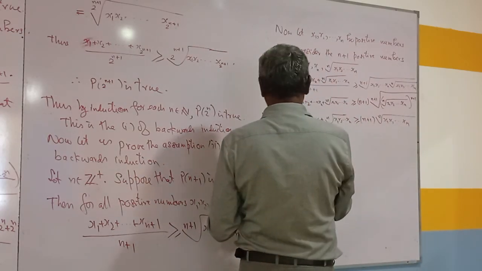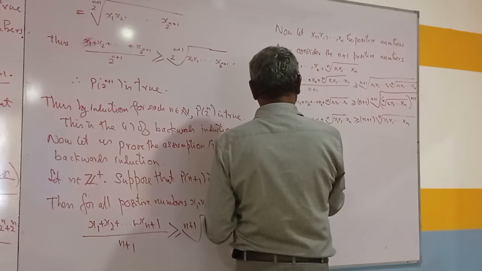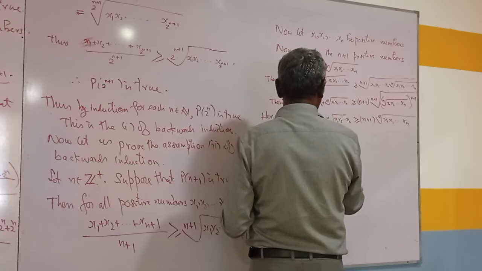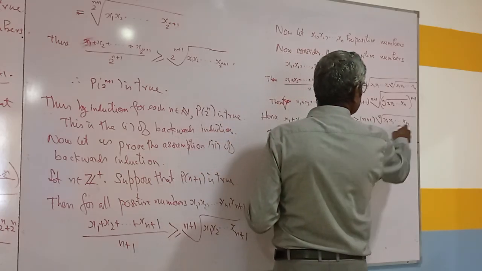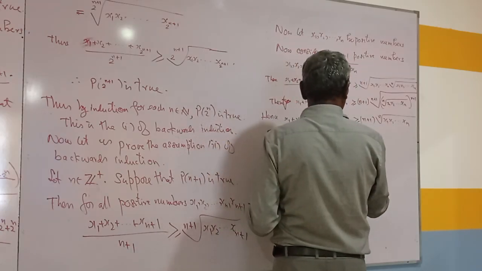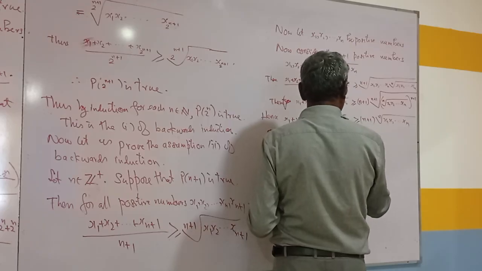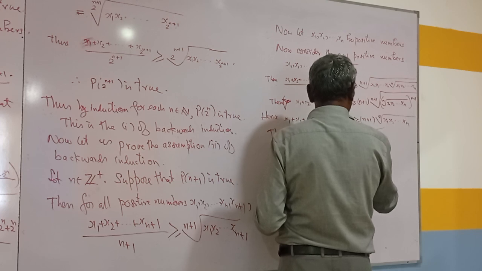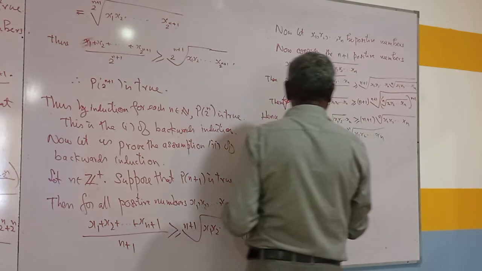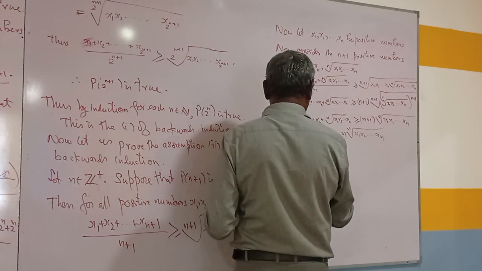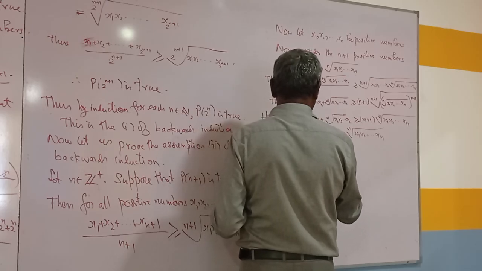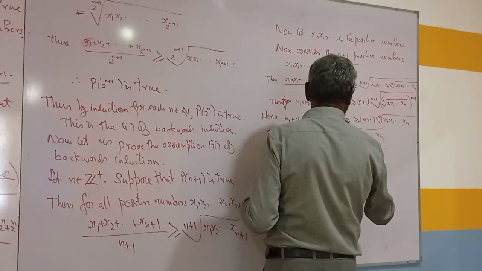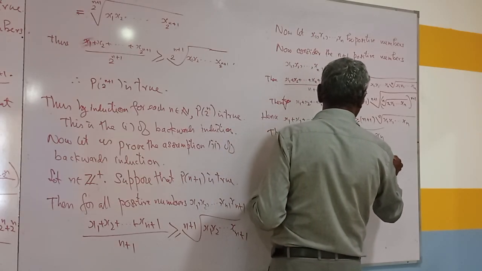So then you get x1 + x2 + ... + xn, and here one nth root you can cancel, then you get n times the nth root of x1 ... xn. So (x1 + x2 + ... + xn) divided by n is greater than or equal to the nth root of x1 ... xn.